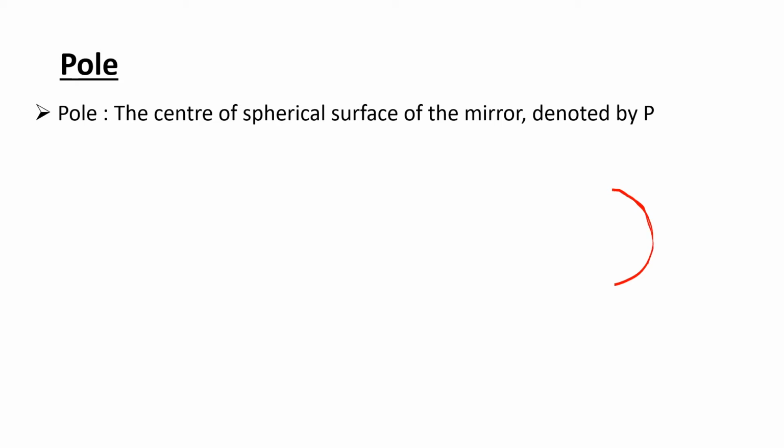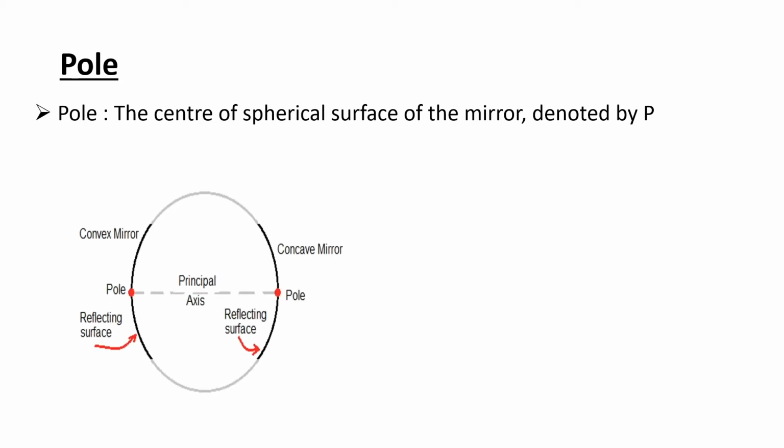This is the center of that spherical surface. It is denoted by the letter P, and it is known as pole. You can see from this diagram, this is the pole of the concave mirror. For the convex mirror, this is the pole.